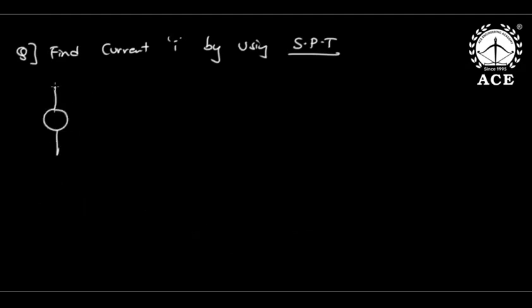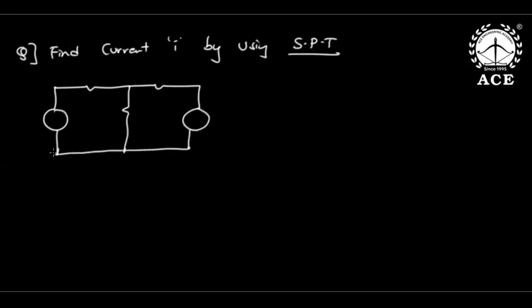Now I am giving the first problem. Find current I by using superposition theorem. This is 10 volts, this is 2 amperes.